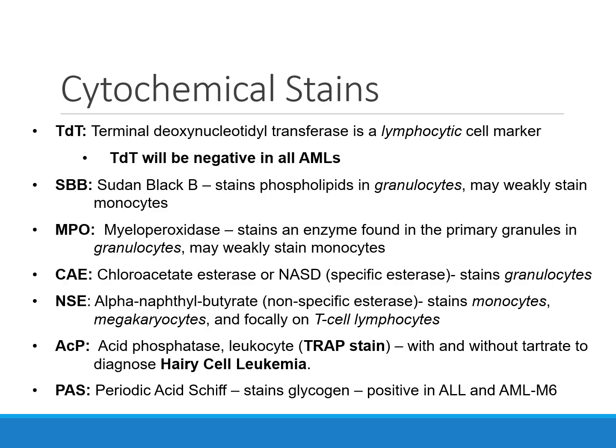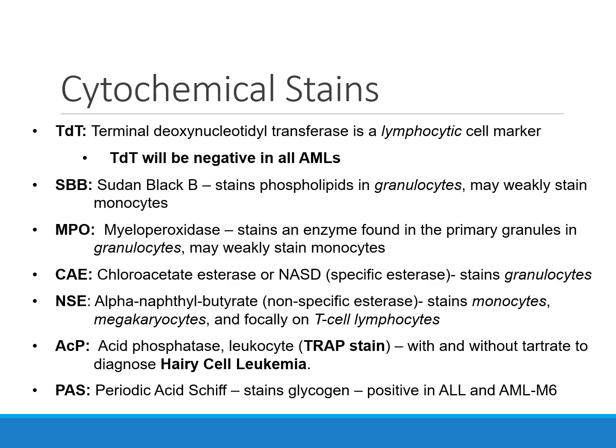All right, so let's talk about cytochemical stains. What is it that we're looking for? Because lymphoblasts and myeloblasts are really difficult, actually impossible, to differentiate or identify by just looking at them, we can do a few staining tests that pick up and show some of the characteristics present in their blast form.